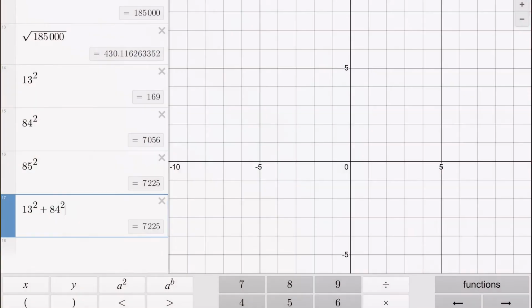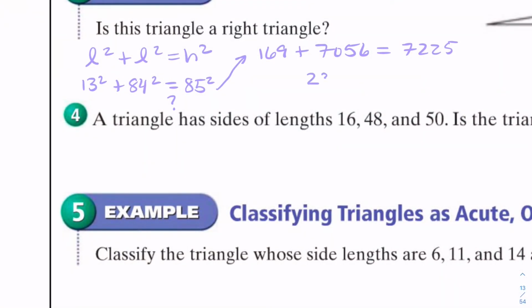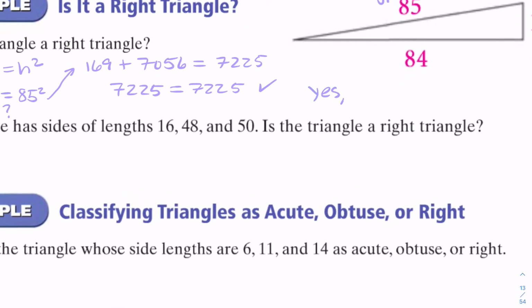Was it 7225? Yep. And then we just have 7225 equals 7225, which is true. So the answer is yes, right triangle.